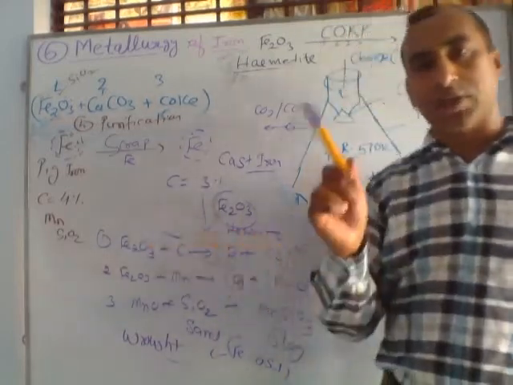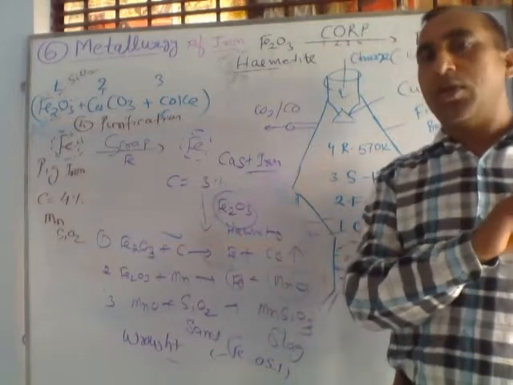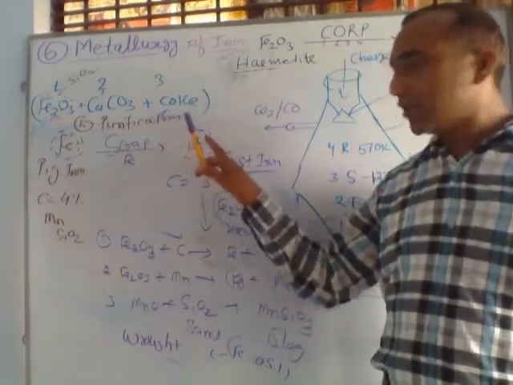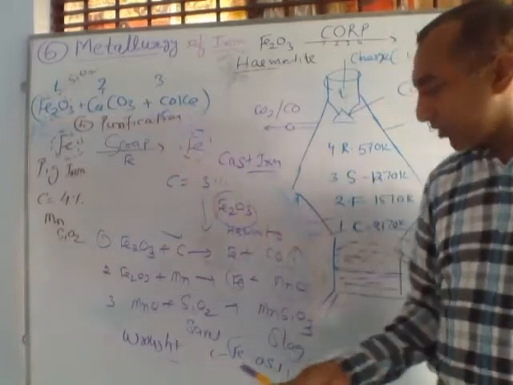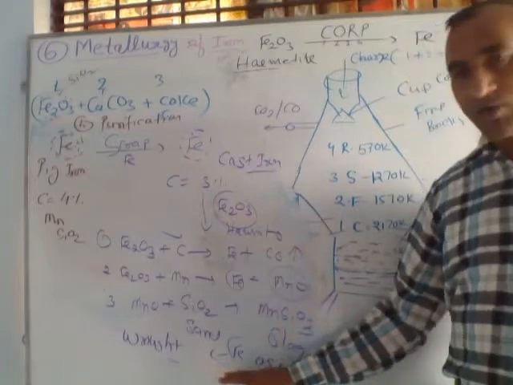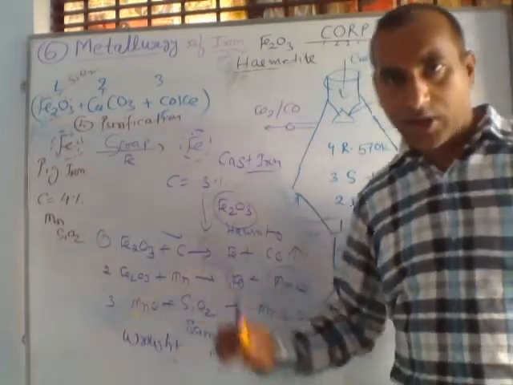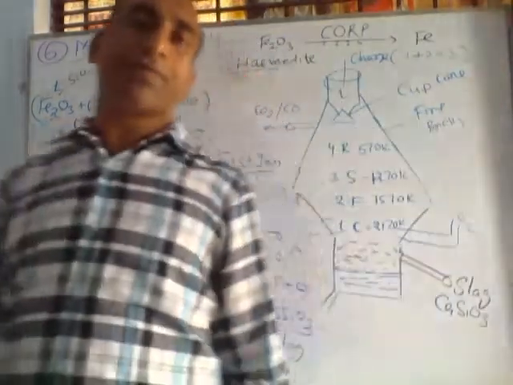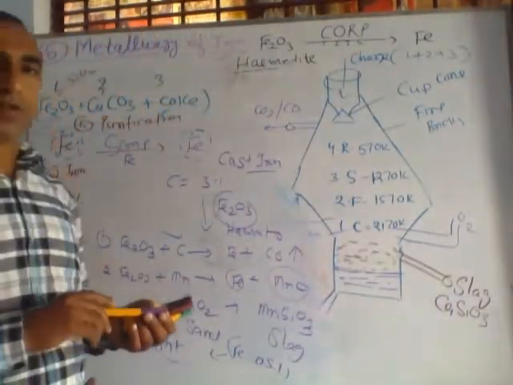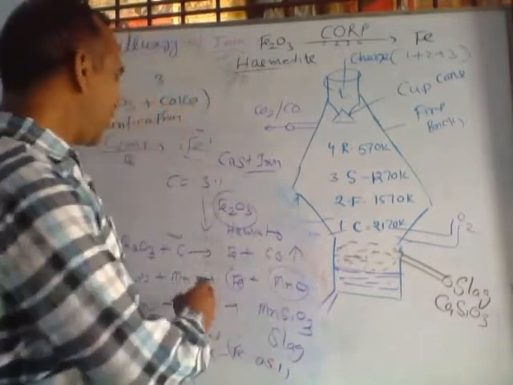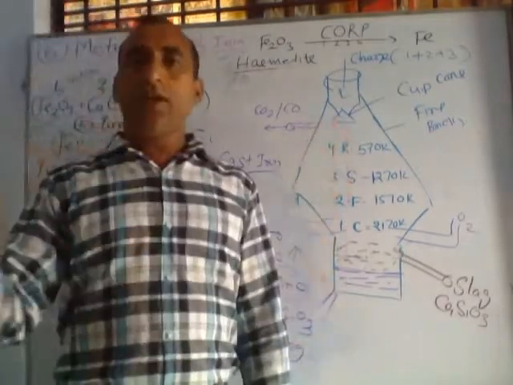This oxygen reacts with carbon, forms CO2, CO, and the amount of carbon in cast iron decreases to approximately 0.5%. This is the purest form of iron called wrought iron. So wrought iron is the purest form, and wrought iron has all the properties like malleability, ductility, so it is used in the formation of chain, etc.